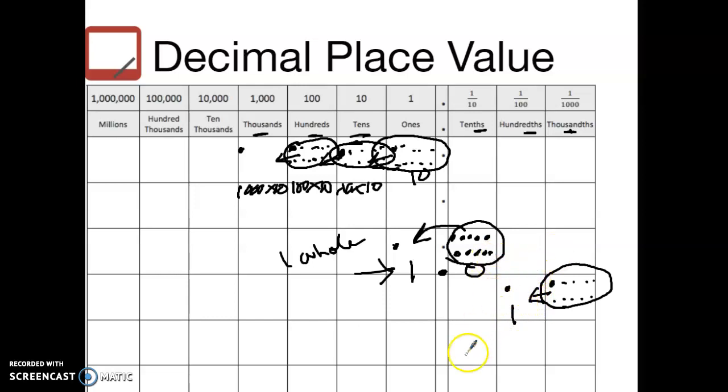Now it's important to note that it's a little different from working with wholes because we have a decimal here. We always have to have the decimal. So it becomes 0.01. That is one hundredth.